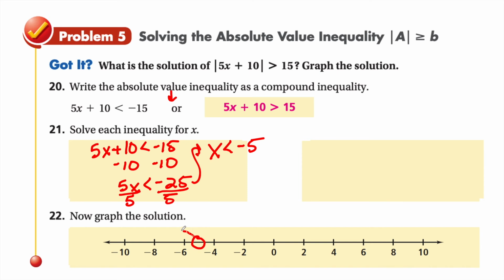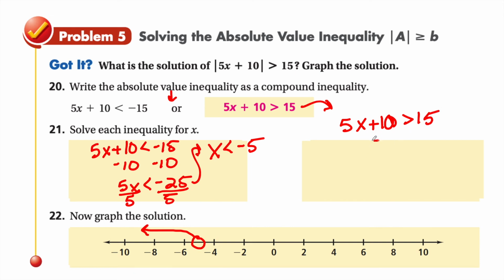And I'm going to point my arrow into the numbers that happen to be less than that -5. And then we have to use the same exact method over here by bringing down what we have, and we have a 5x plus 10 has to be greater than 15.